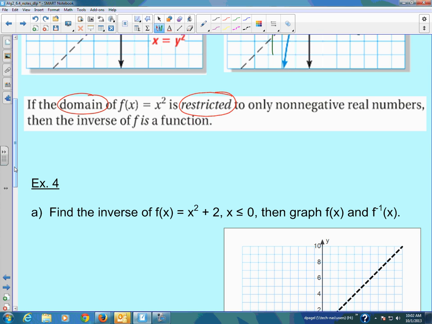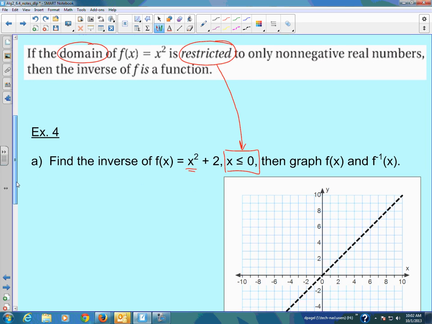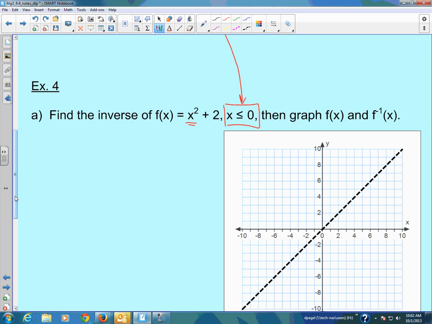And we can see a domain restriction in this example right here. We have a quadratic of x squared plus 2. We're restricting this domain to say everything that is 0 and negative values only. So I'm looking at the left-hand side of the parabola. First we're starting out with the original function.